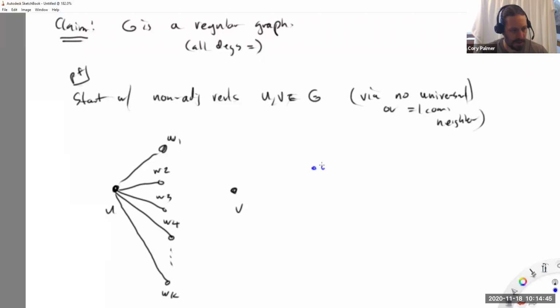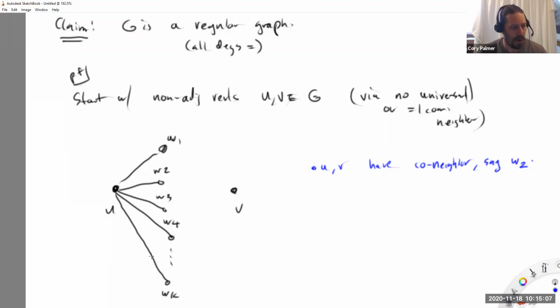Okay, and then I know a whole list of properties here. I know that U and V have a common neighbor. Let's say it's W2. There's a slight reason for calling it W2 instead of W1. So why is it one of the W's?